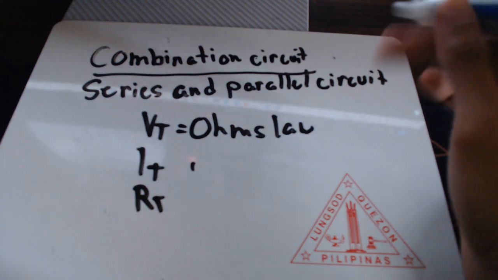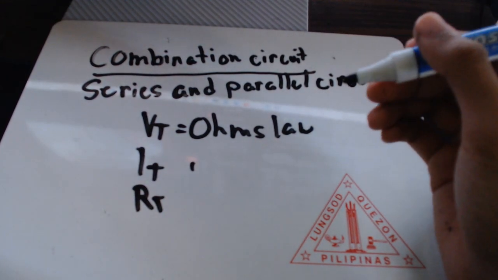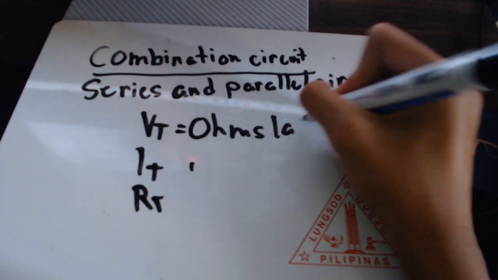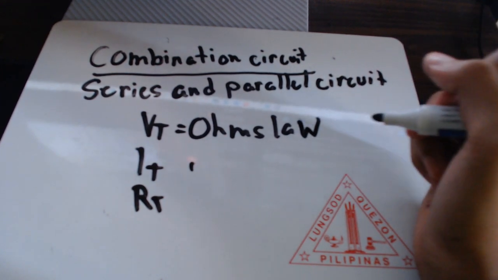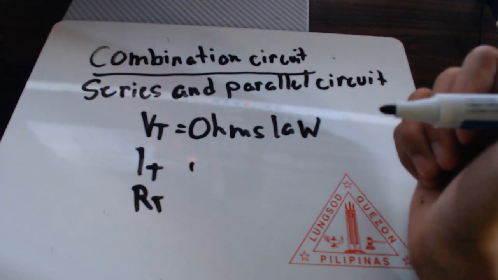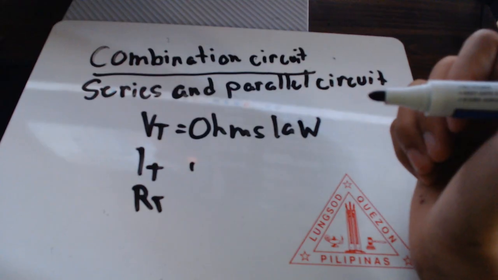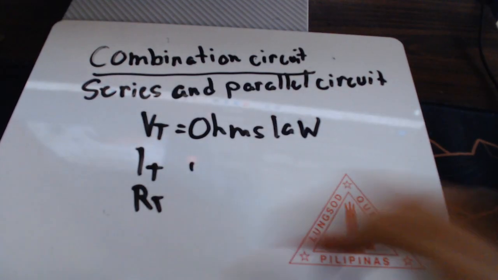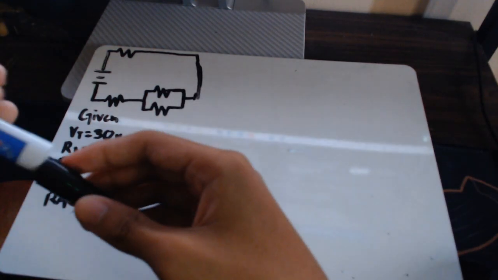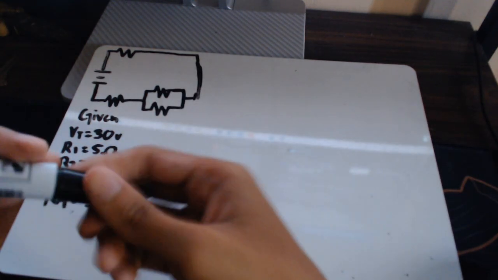And now we know the rules for the combination circuit. Now it's time to solve one of these problems. Now that we know all the rules of the series, parallel, and combination circuit, let's try to solve this problem.